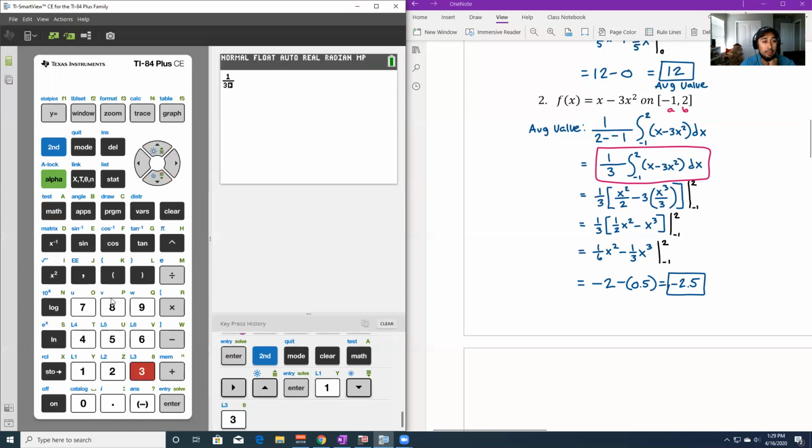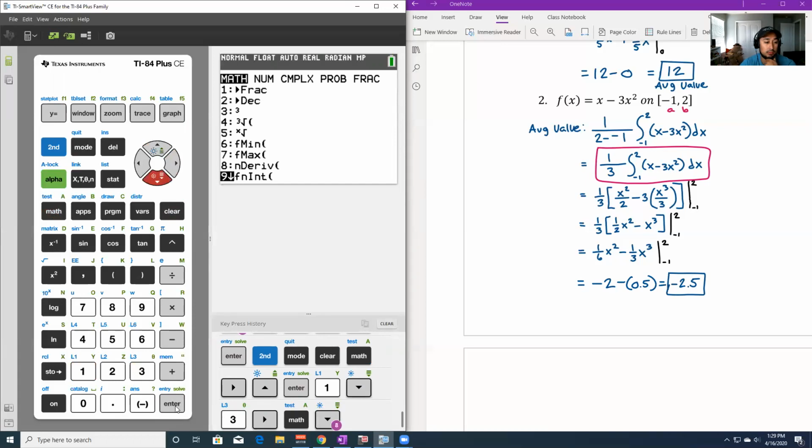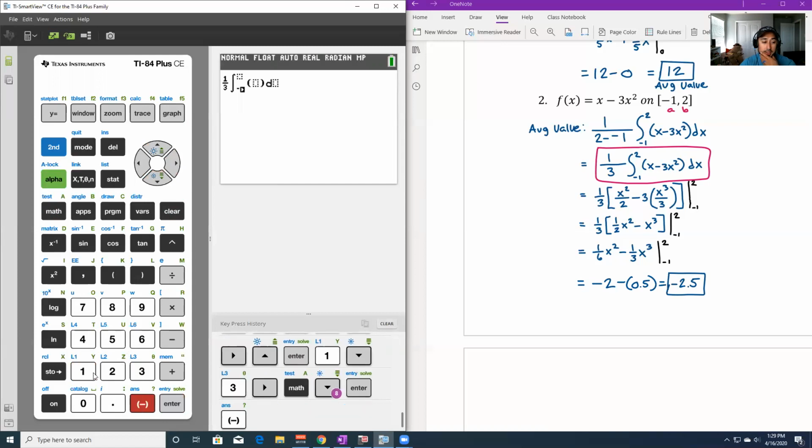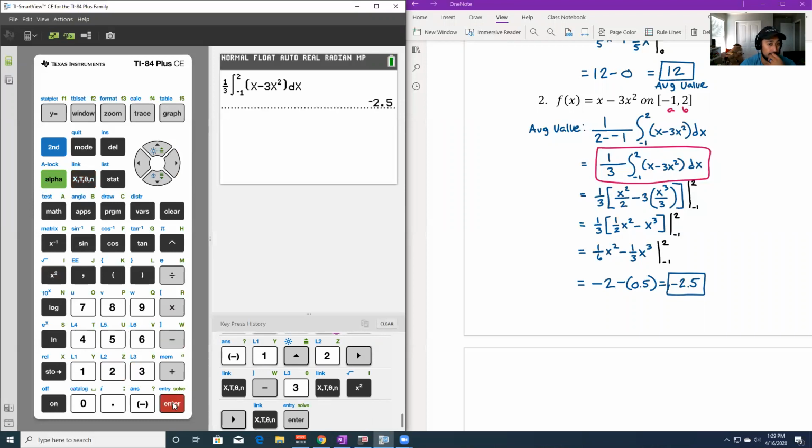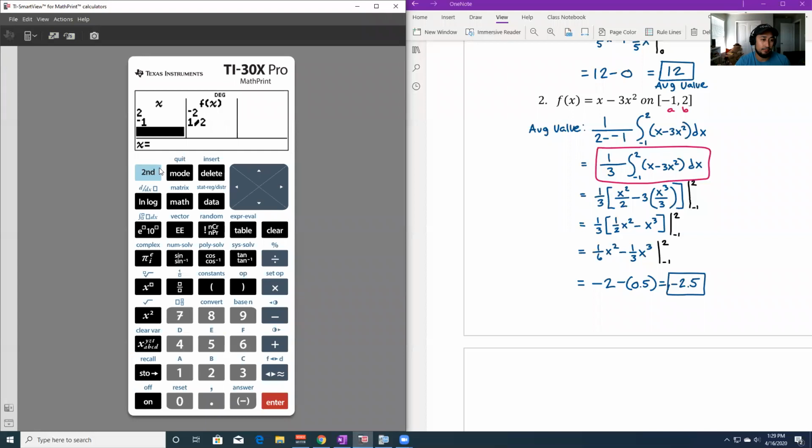Okay, so 1/3 times the integral from -1 to 2 of x minus 3x squared dx, and enter. -2.5. Life is good. Okay, and you would do the same inputs on this calculator. So if you have that, same thing.